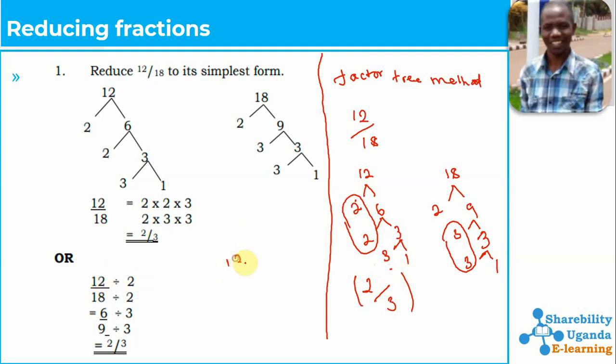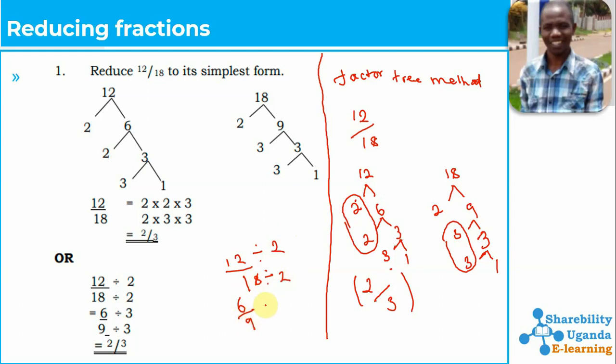So another method we are using was this. You get our 12 out of 18 as it is written. Then you keep dividing each by a common factor, which is a 2. You keep getting answers. So when you divide 12 by 2 we shall get our 6, and when you divide 18 by 2 we shall still get our 9.